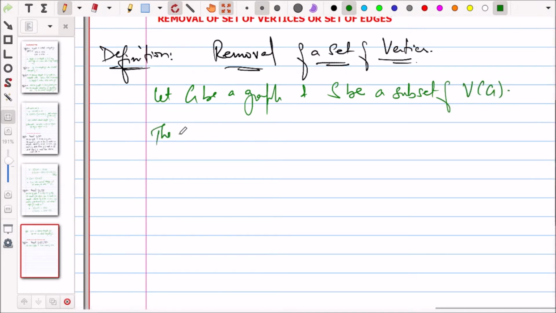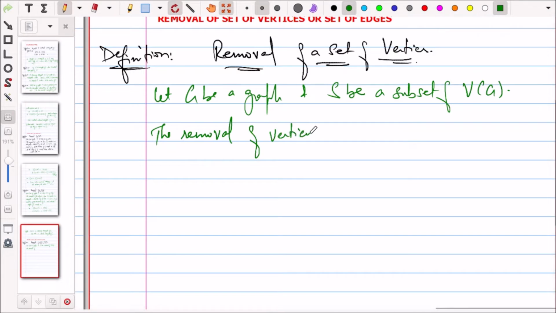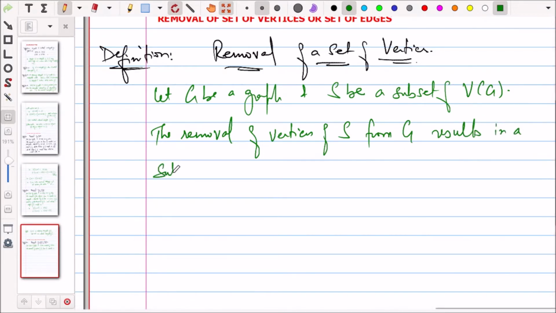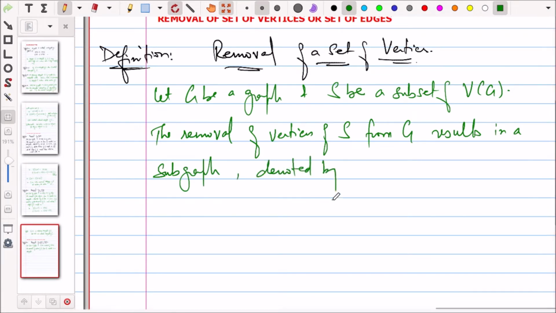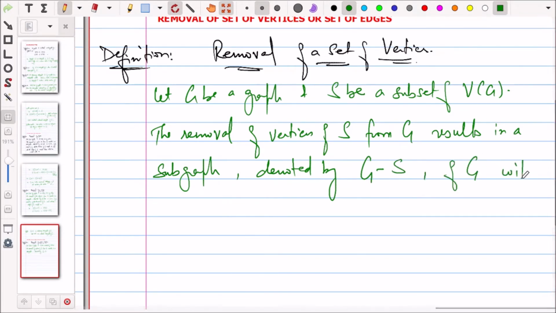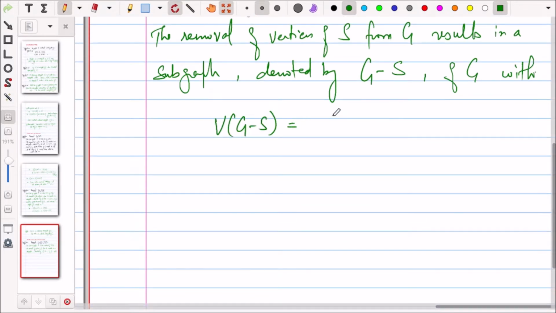The removal of the vertices of S from G results in a subgraph denoted by G minus S of G with, इसका वर्टेक्स सेट क्या होगा? V of G minus S क्या होगा? V(G) minus S. ठीक है.